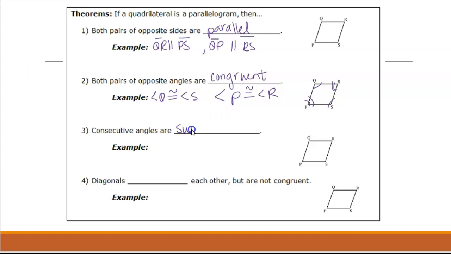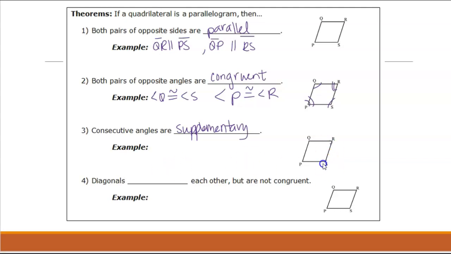Consecutive angles are supplementary. Remember, consecutive means one after another. So Q and P are supplementary. They're consecutive. Q and R are consecutive. They're next to each other. R and S, they're next to each other. If you sort of tilt the shape, or they're up and down, if you want to think about it like that.